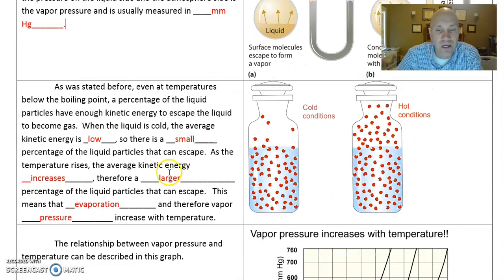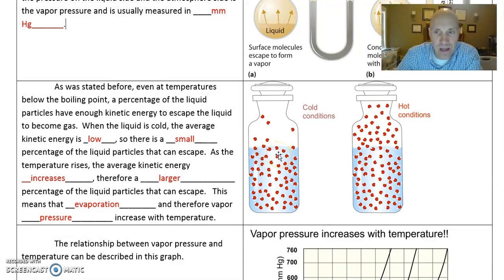Okay, so a little difference between the vapor pressure under cold conditions versus hot conditions. In both of these situations, we have a capped vessel. But what's going to happen is when the liquid is cold, these particles in the water are not going to be moving quite as fast.